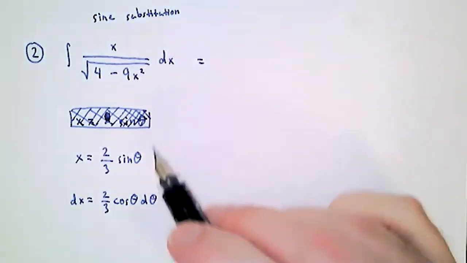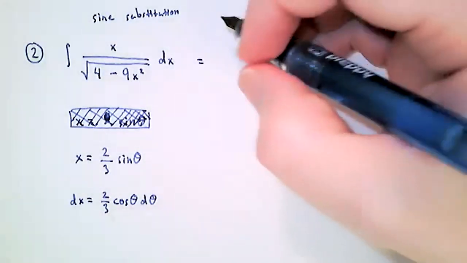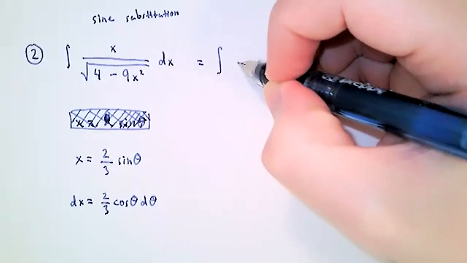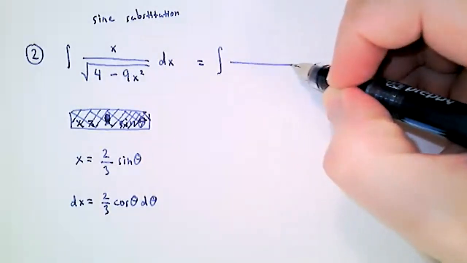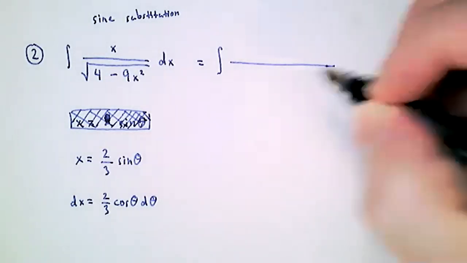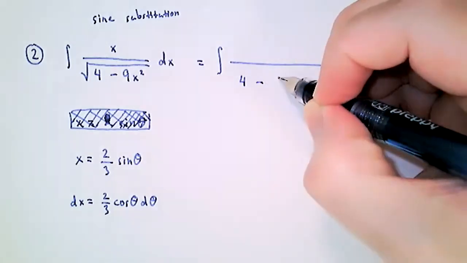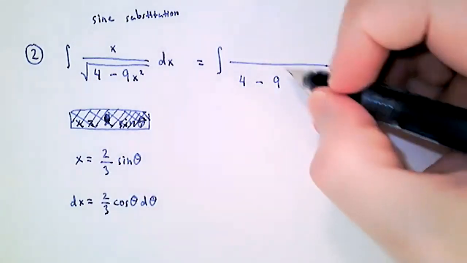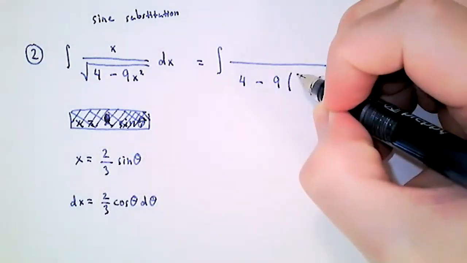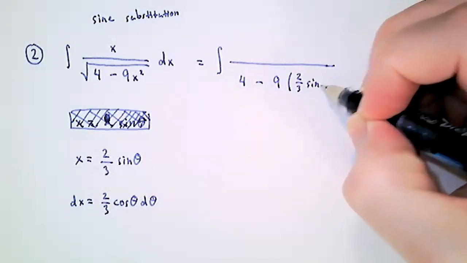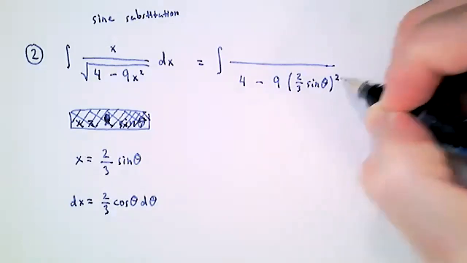Okay, so let's do this substitution and see if it simplified things for us. So maybe we'll write out all of it this time and not try to do any simplification in this first step. So x squared becomes 2 over 3 sine theta squared.